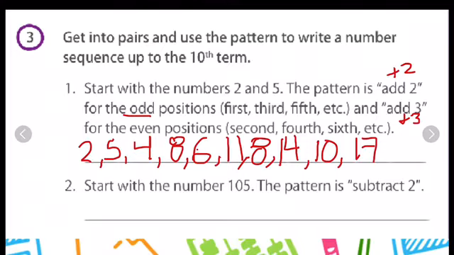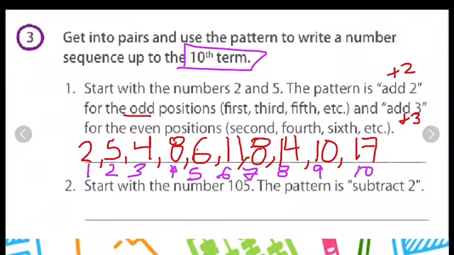It's really easy, guys. Over here, this is your number sequence, right? So this is position 1, position 2, position 3, position 4, 5, 6, 7, 8, 9, 10. And they're asking for the 10th term, the 10th position.